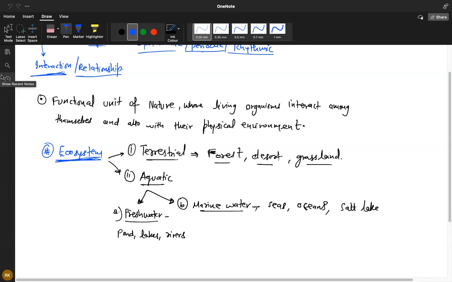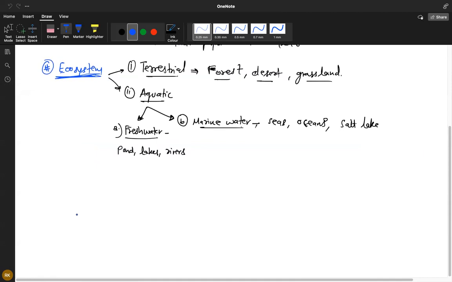Now, the first thing we are going to discuss, which Jayan sir has already discussed with you, is how an ecosystem is structured. The structure and function. The structure is closely associated with function, so we'll keep both of them together.